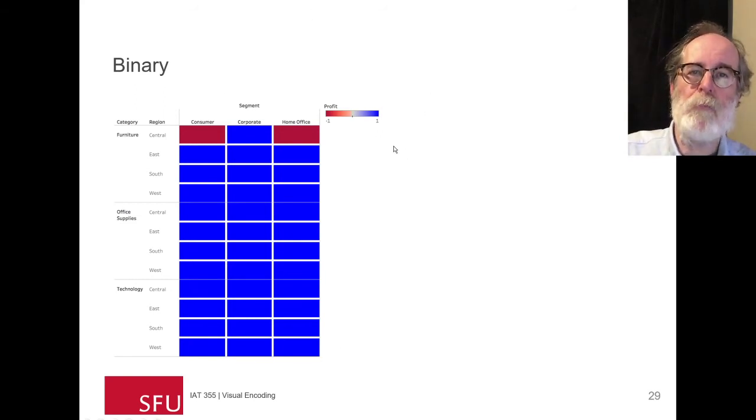And so this binary encoding, or ternary if there was a third color, clearly shows where money is being lost, and everywhere else money is being gained. But of course, what you're losing in this is the depiction of the quantity of profit, because at the data level, the data mapping has projected out that information. It's disappeared because we're just mapping to plus and minus 1.